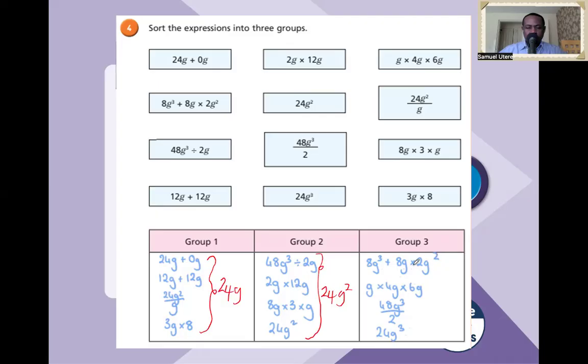Okay. Oh, no, no, that's correct. There's a mistake on this one. Anyway, so all these will give you 24g cubed. Okay. So these ones will be g times 4g is 4g squared times 6g, that's 24g cubed.